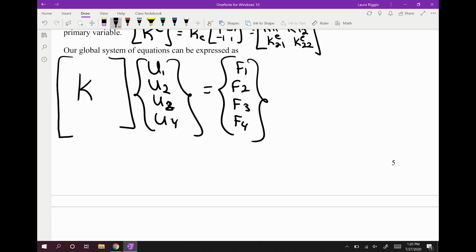We have our stiffness matrix K times our global displacements are equal to our global forces, where we still have 4 equations and 8 unknowns.